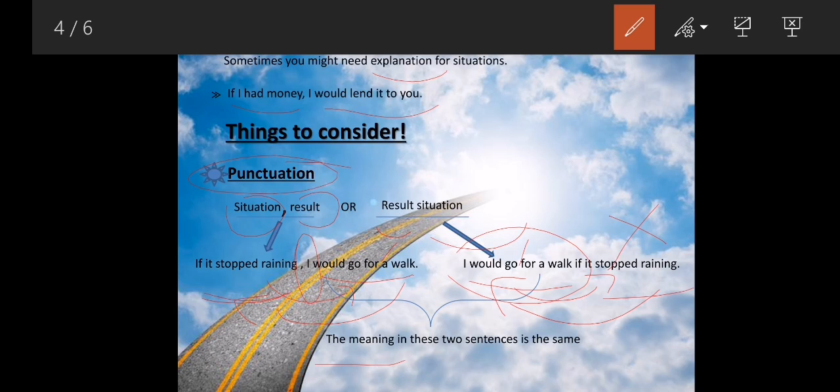Okay? We don't include a comma here, but we need a comma if the if clause comes first. You should use a comma if you see the if clause in the beginning of the sentence. Okay?